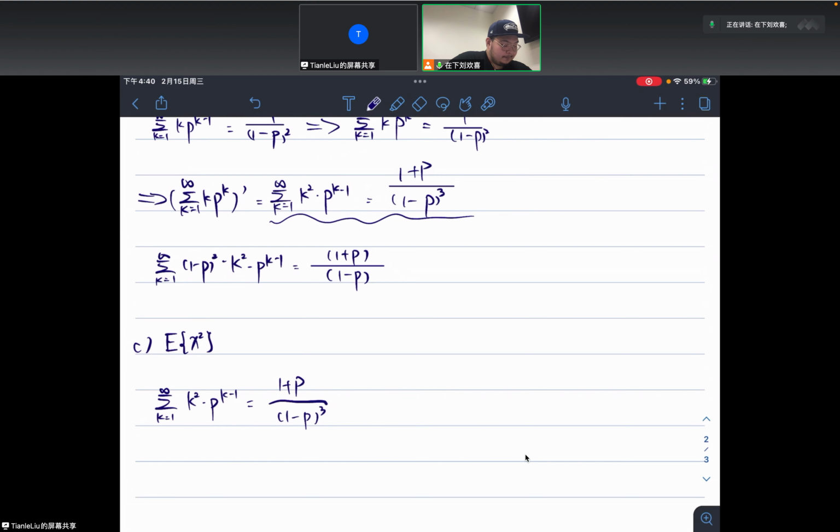Then do the same thing. We move out the k minus 1 to 1 with p minus 1, right? And move it to the right side. And we will have (1 minus p) to the power of 3. The top will be 1 plus p divided by p. And do the differentiation again.